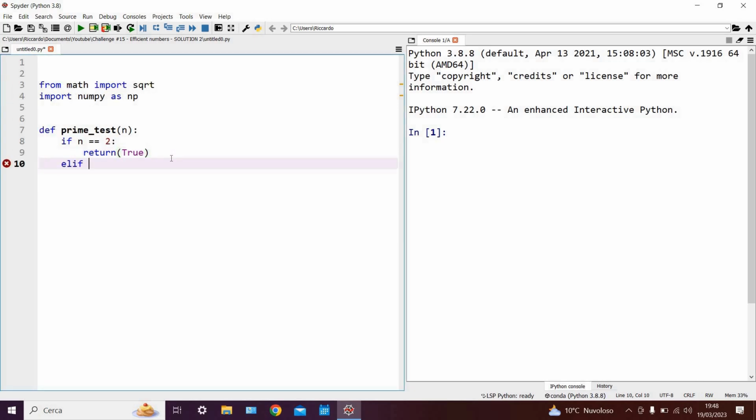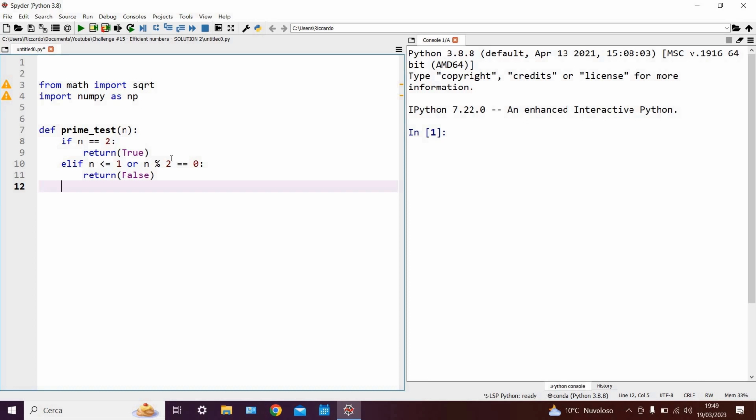Elif our number n is smaller or equal to 1, or n is a multiple of 2, then definitely it is not prime, and therefore we can return false.